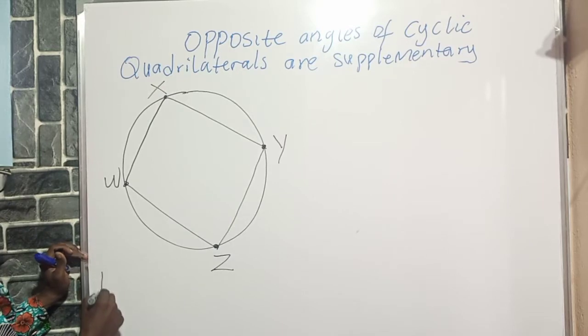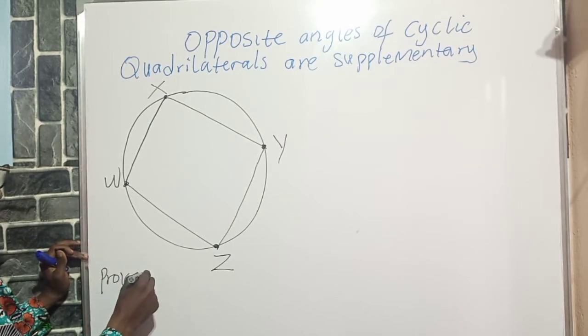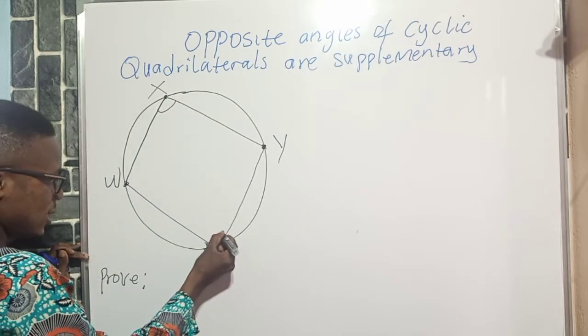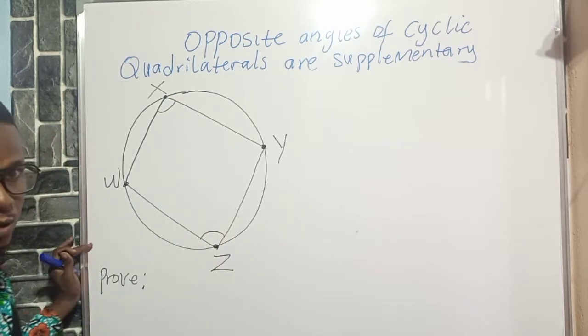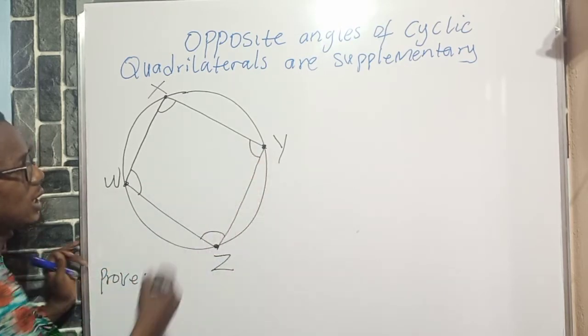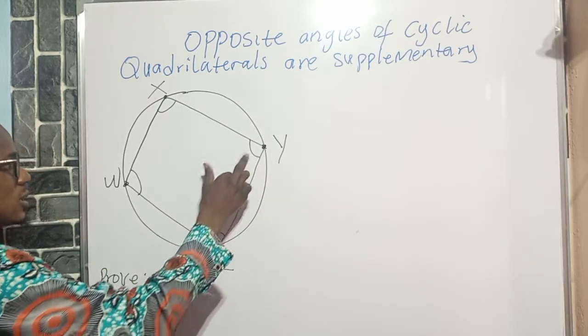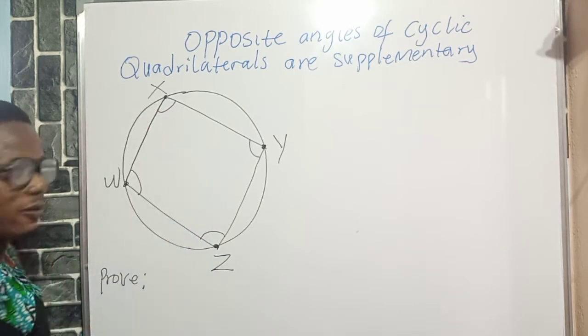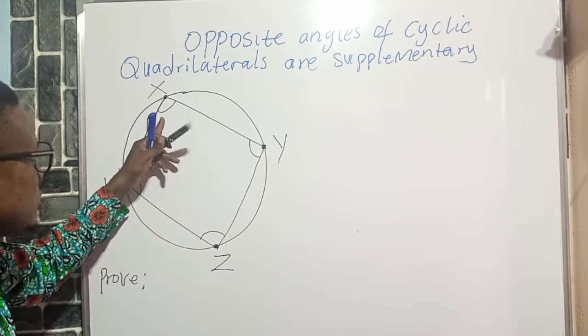So what do we want to prove? You want to prove that this angle here and this angle here will add up to 180 degrees, or this angle and this angle will add up to 180 degrees, because these angles are facing each other. So let us prove for this one and this one.